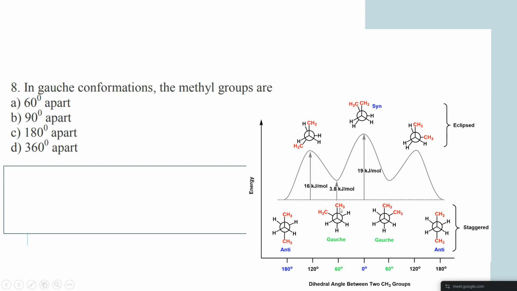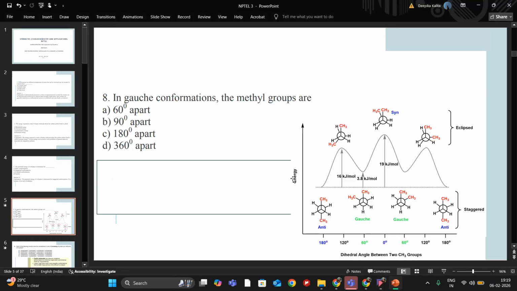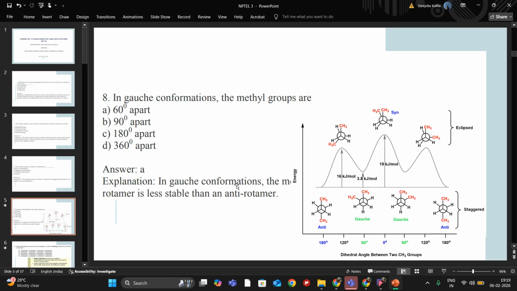So out of the two possible gauche conformations, 30° and 60°, you will have to go for the conformation where the methyl groups will be 60° apart.